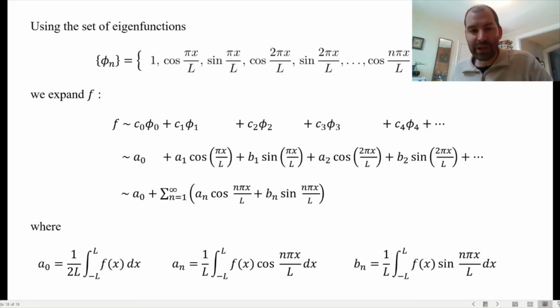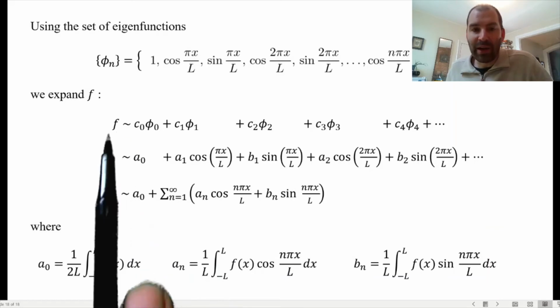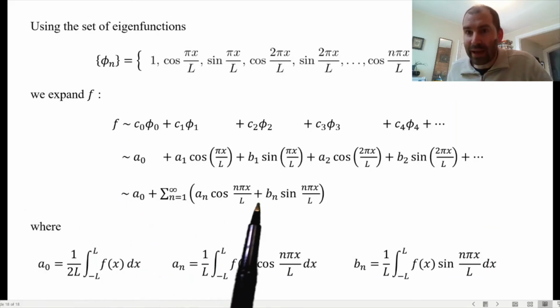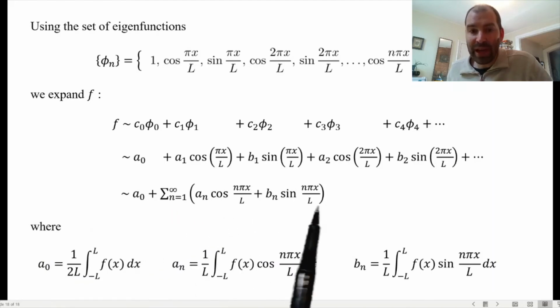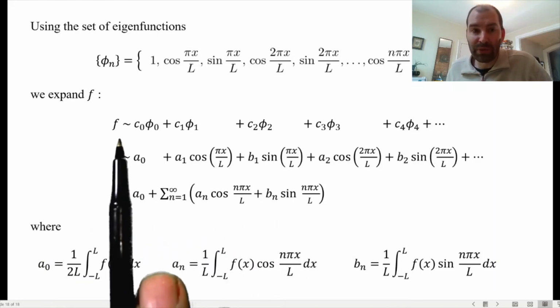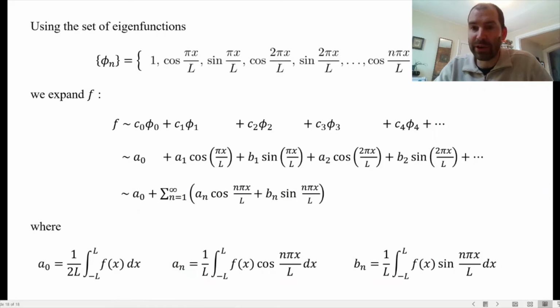And just to reiterate one other point, this series doesn't always converge for every f. We need to check that, so do be cautious about checking whether this thing actually does converge to the function before you put an equal sign over here.